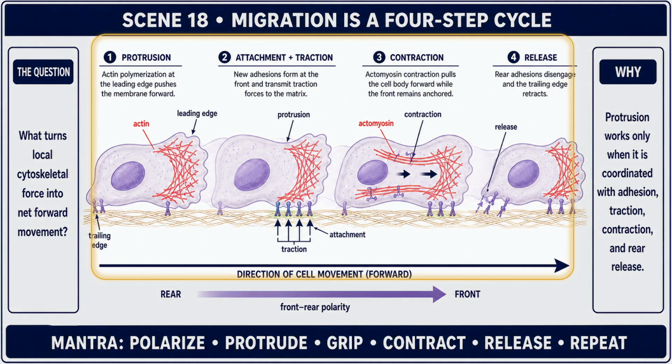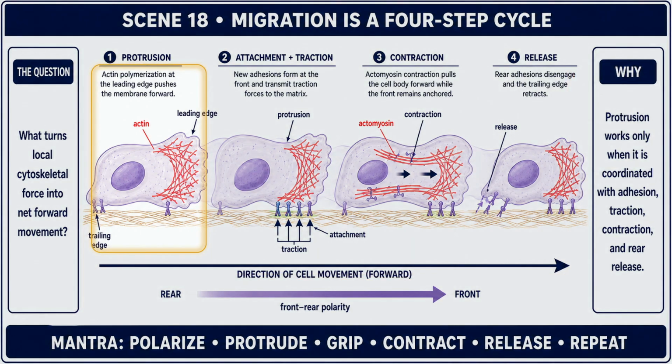We now return to actin, but this time the whole cell is moving. Migration is not one forward shove. It is a coordinated cycle with a front, a rear, and 4 linked mechanical events. First, the cell polarizes.